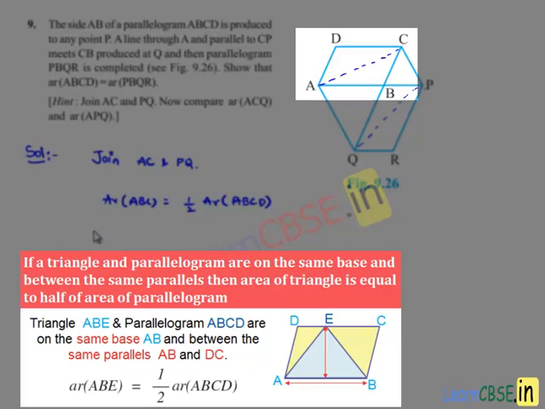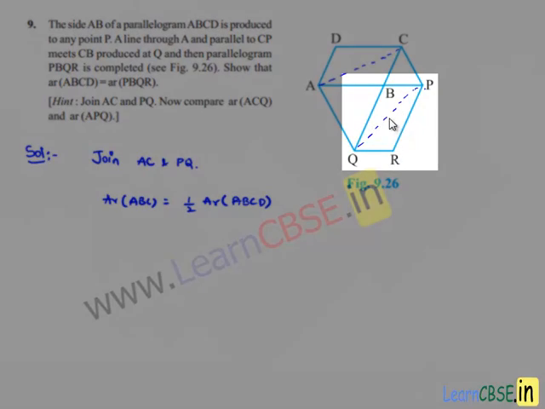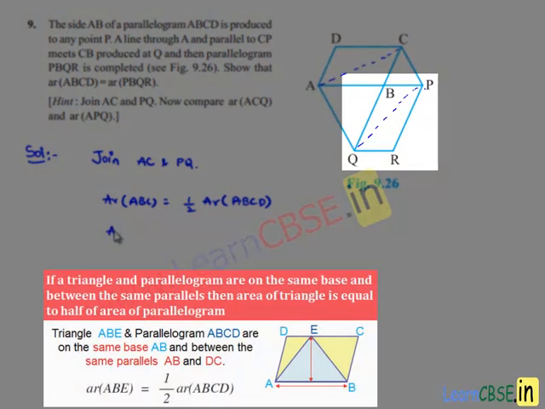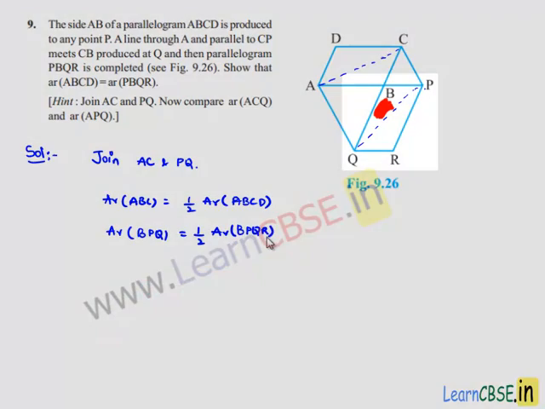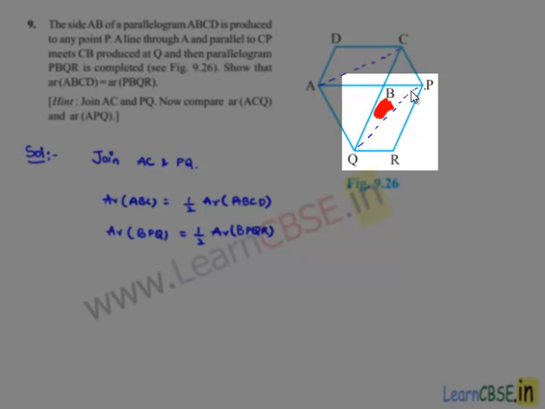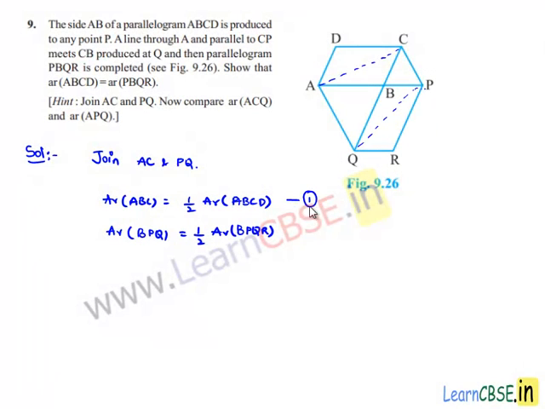And next, in parallelogram PBQR, area of triangle BPQ will be half times area of parallelogram BPQR, since they lie in between the common parallels PB and QR and on the common base BP. Let them be equation number 1 and equation number 2.